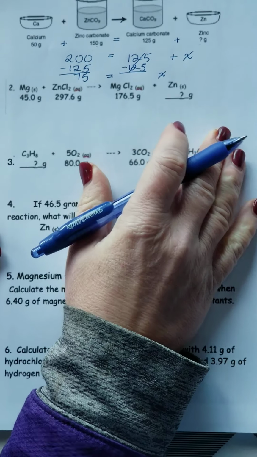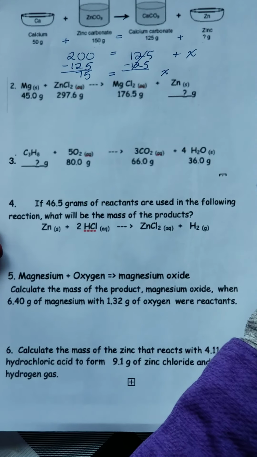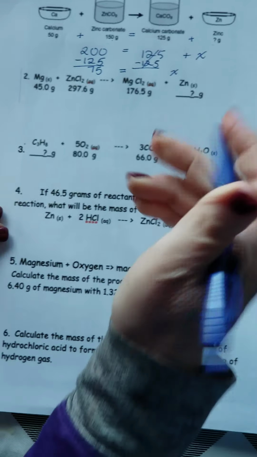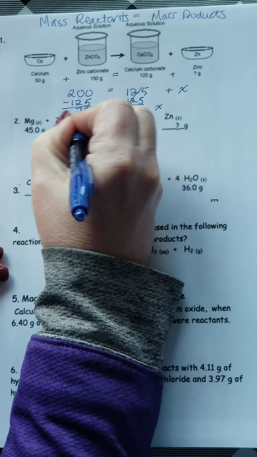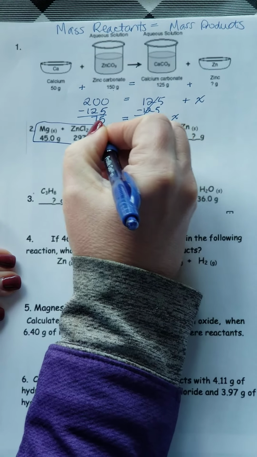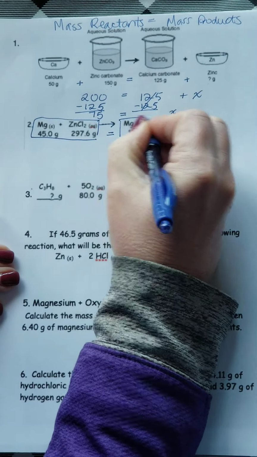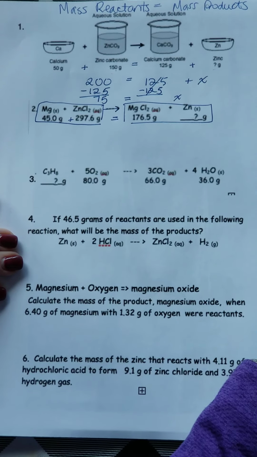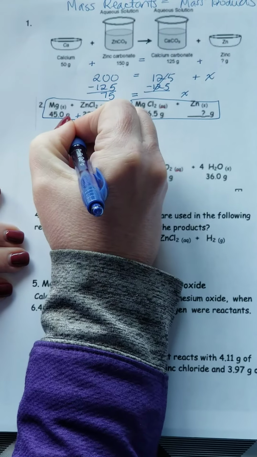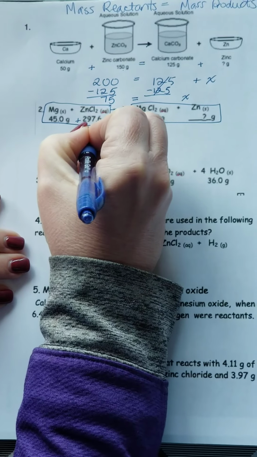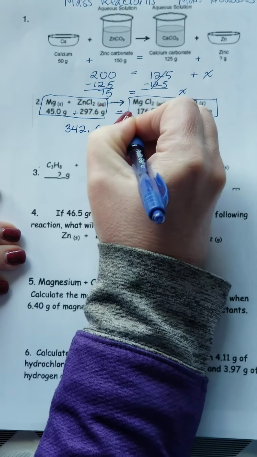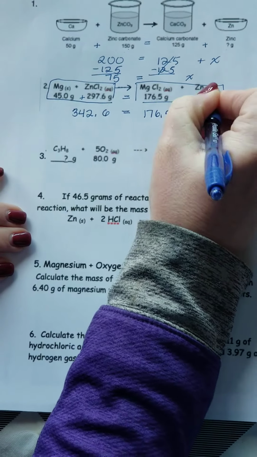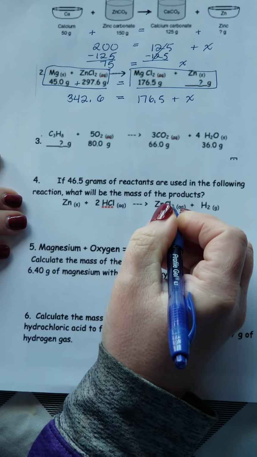At this point, make sure you have paper and a calculator, and follow along with me so that you can solve the problems. Again, our reactant side must equal the products. We're going to add this side together on our calculator, and I get 342.6 equals 176.5 plus our unknown amount of zinc.